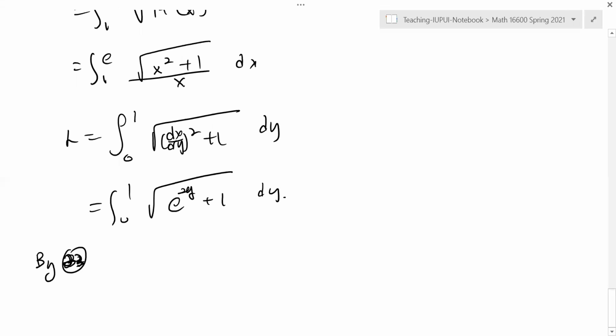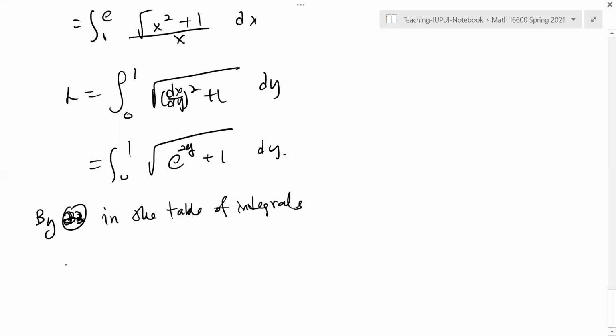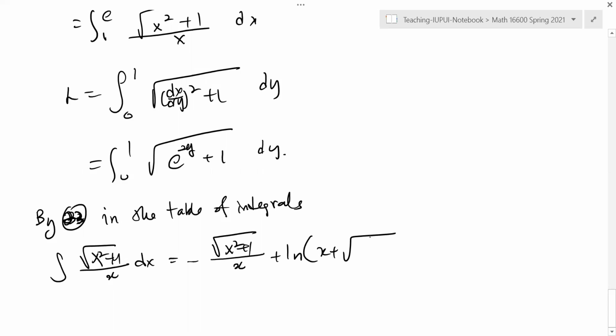Okay, in the table of integrals, so the antiderivative is going to be negative square root of x squared plus 1 over x plus natural log of x plus the square root of 1 plus x squared, plus a constant.